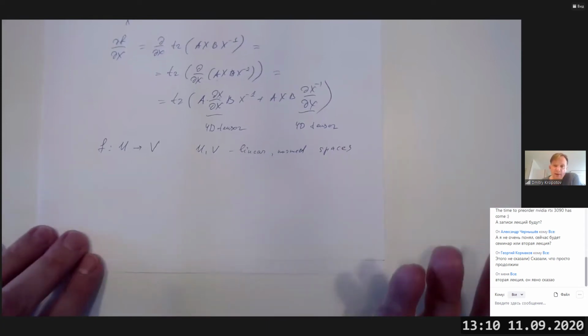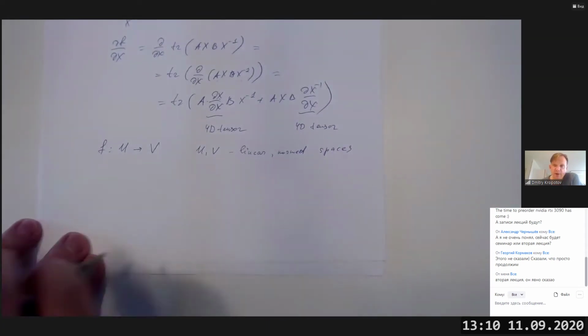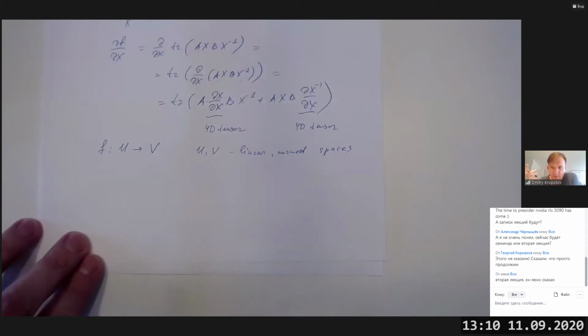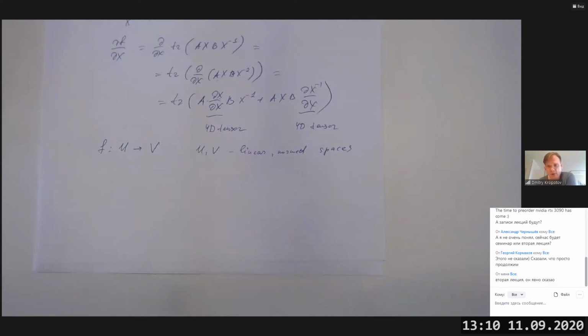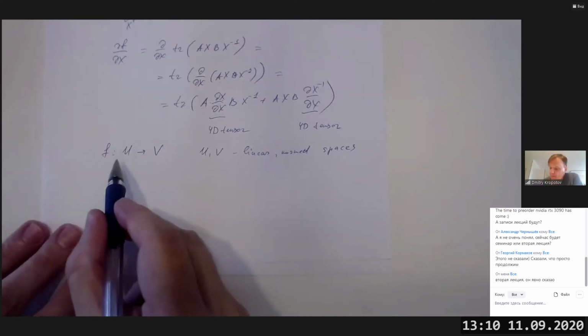So they are linear, meaning that they are closed under linear operations: the sum of two elements from this space is again an element from this space. And normed, meaning that it is possible to introduce a norm with the corresponding axioms.